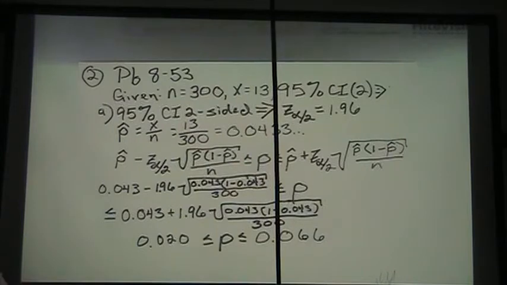Of course, if we were in the quality control department, we might say that's great, that's terrible. It kind of depends on the limits we're setting.